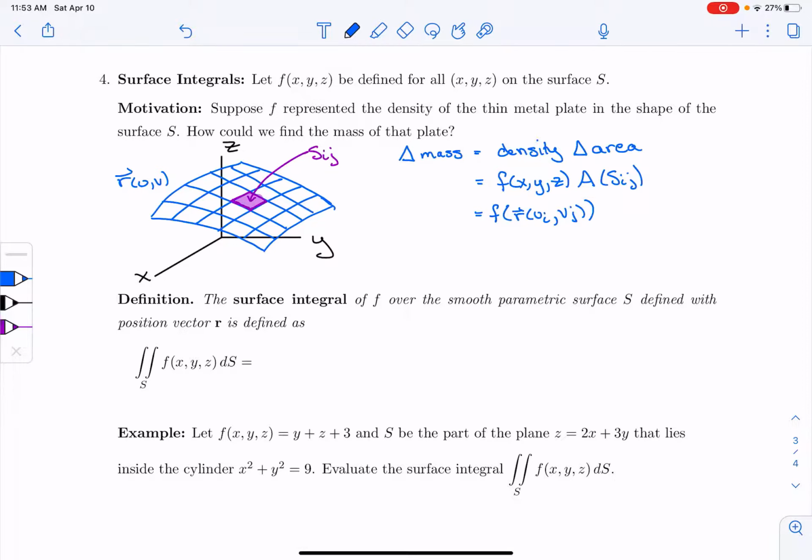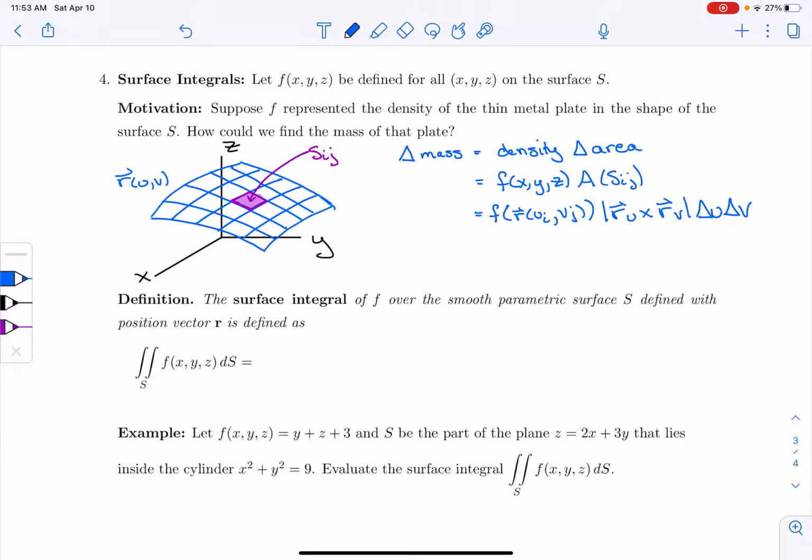And then the area of a little bit of the surface, we know, is the magnitude of r sub u cross r sub v, delta u delta v.